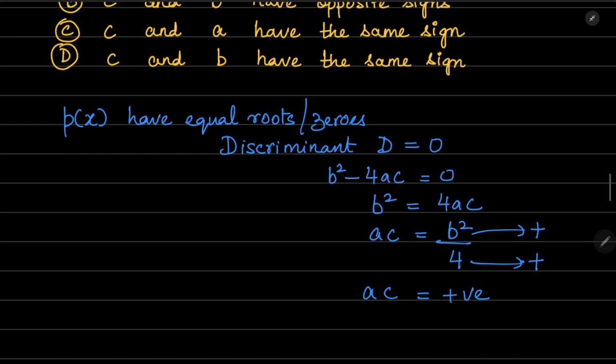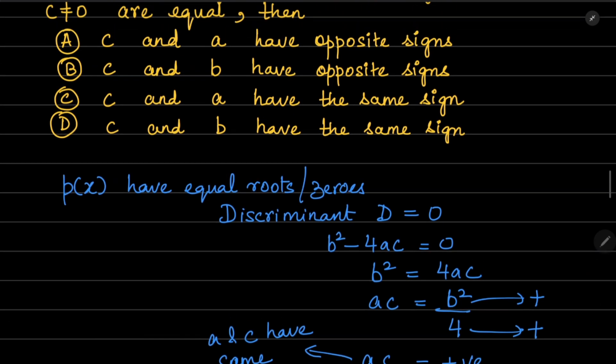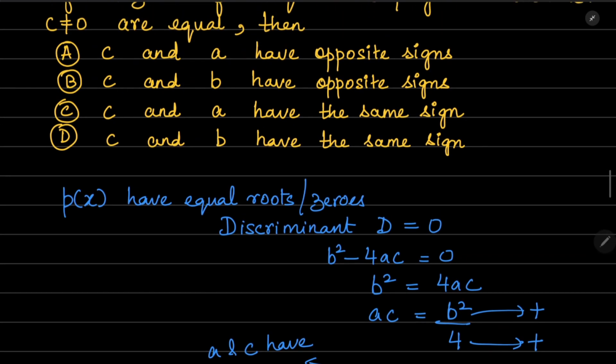So if a and c are positive, what do you mean by that? A and c have the same sign. So the option is c and a have the same sign. So option C is the correct answer.